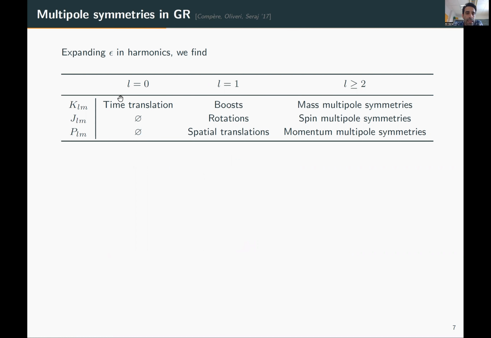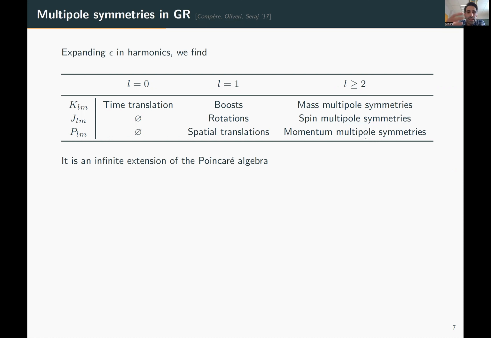And we clearly see that the Poincaré generators are in the first two harmonics of this set. So for example, l equals 0 in this generator K gives the time translation, l equals 1 is boost. Rotations are l equals 1 of this J, and the spatial translations are l equals 1 of this P. And then all the higher l we call the mass, spin, and momentum multipole symmetries.